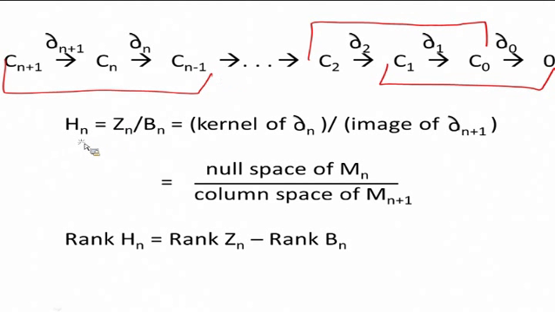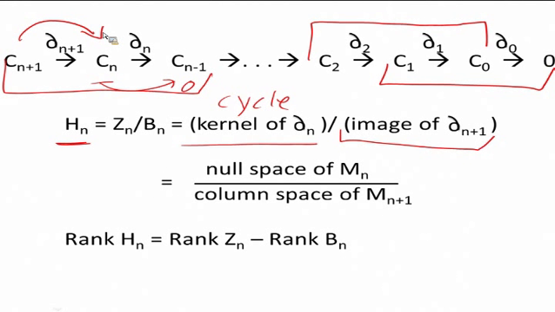So Hn is defined to be the kernel of boundary n, so everything in here that gets sent to 0. That will be called a cycle. And then we mod out by the image of boundary n plus 1. We will call that the boundary.